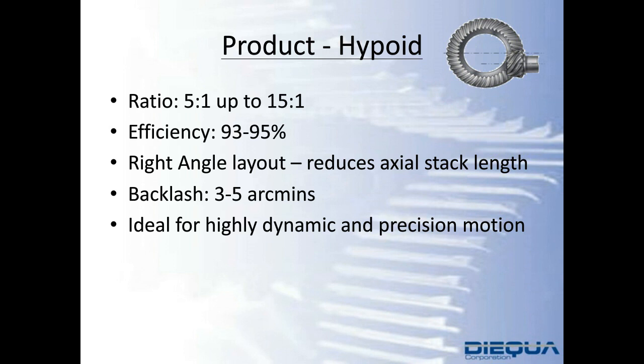So those 2 hashed lines would be on the same plane. As it transitions to the bottom edge or top edge of the ring gear, it starts behaving more like a worm gear, right? And so while the bevel gear is typically 1-to-1 up to about 6-to-1, a hypoid gear starts making its way closer to what a worm gearbox would be, and that's between 5-to-1 and 100-to-1. So in this case, you have the middle point of 5-to-1 and 15-to-1.